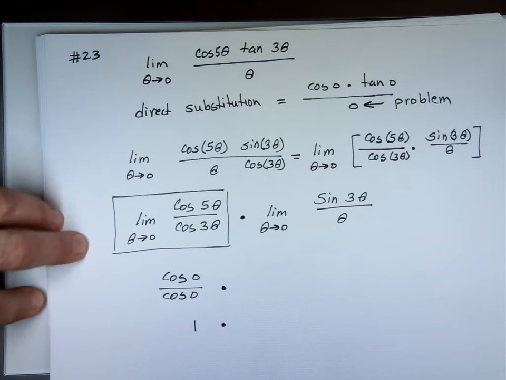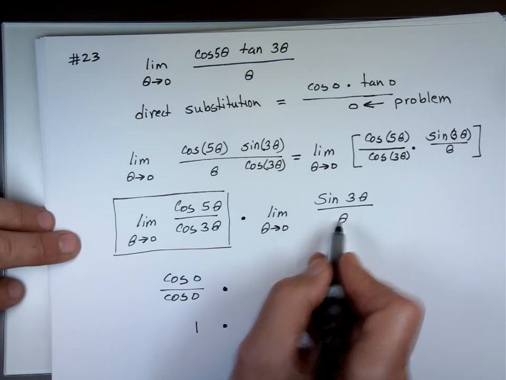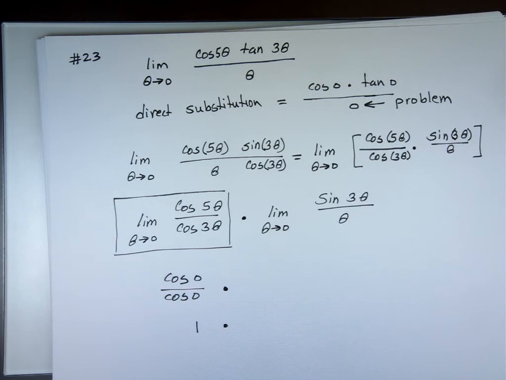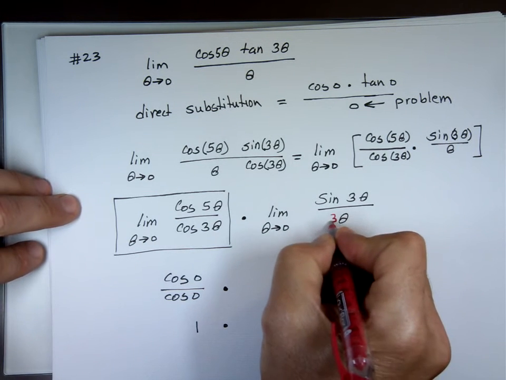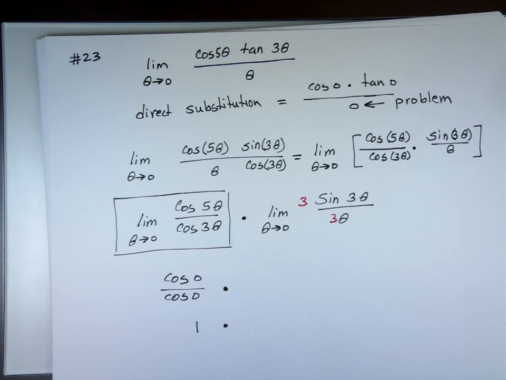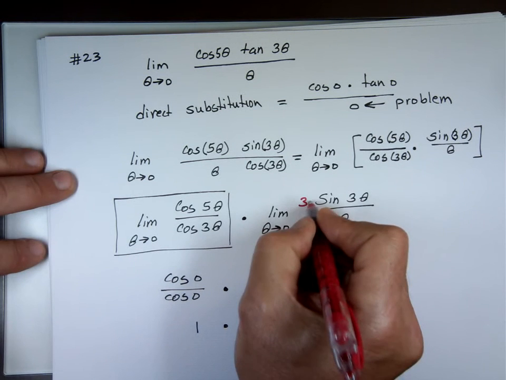This is a problem. Notice that's 3 theta, this is theta. I need that to match this. Remember that on the board? We did that early. Still there, actually. So I need to multiply this one by 3 to match that one, and this one by 3. Top of this fraction by 3, the bottom by 3. And I'm going to take that 3 and put it in the front.